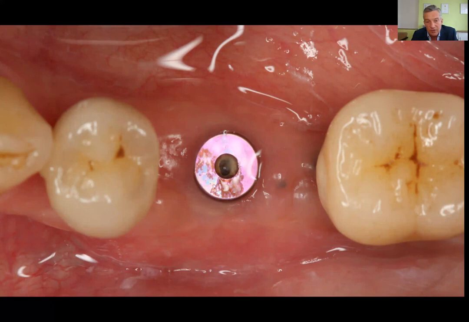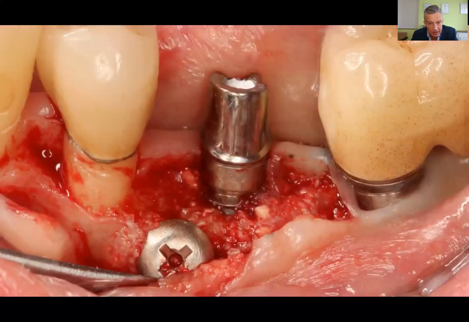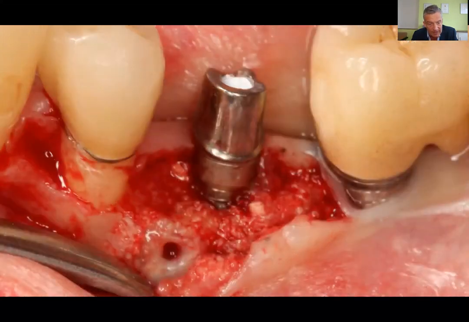And of course, in this case, we had to suffer an exposure. This was the site after reopening after 6 months. The umbrella screw almost integrated in the augmented bone. And as you can see, severe bone growth was assessed.